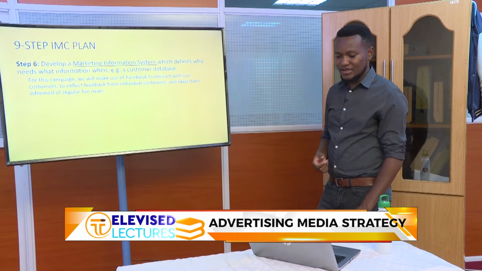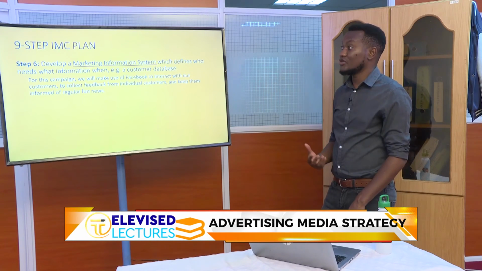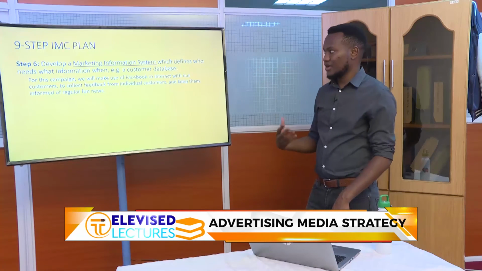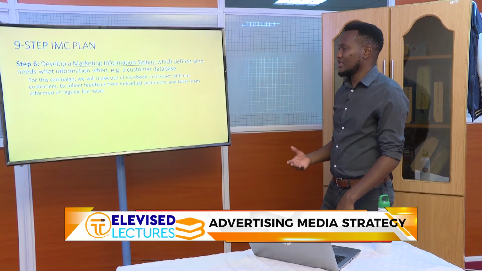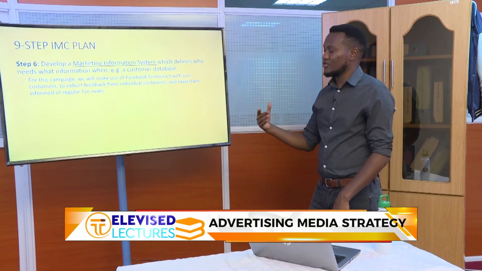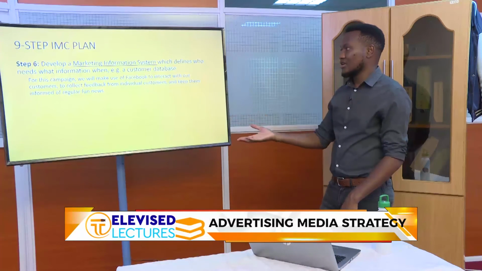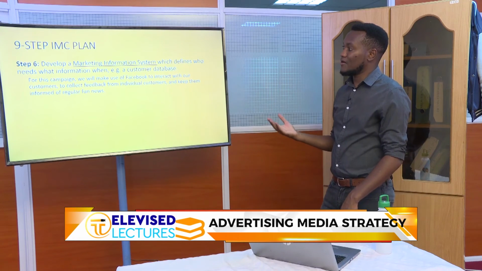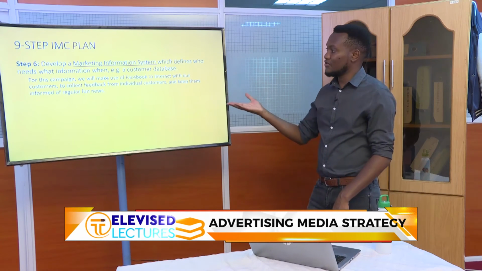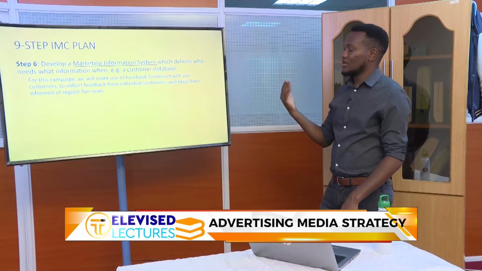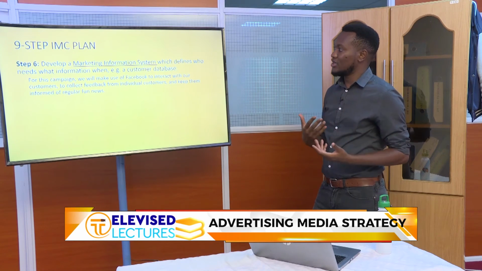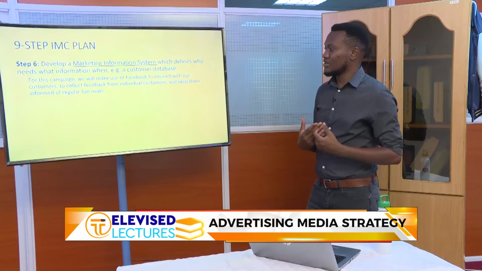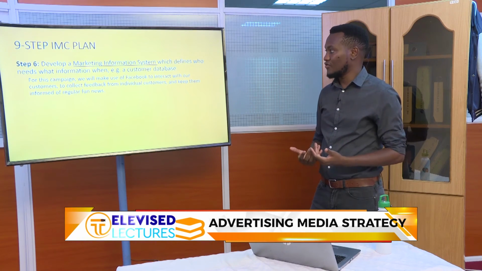At step 6, I think this one was pretty straightforward while I was explaining it earlier, just coming up with a database of the customers. And this is an interesting thing that also has ethical concerns, depending on how you acquire people's data. If you're a company that has respect for people's privacy and ethics, then you need to acquire this data in lawful ways, and also in ways that respect the ethics of doing business.